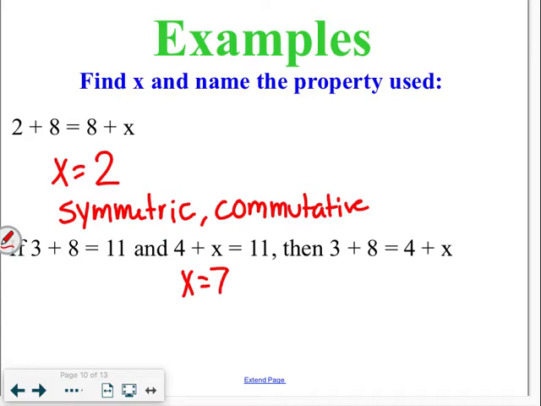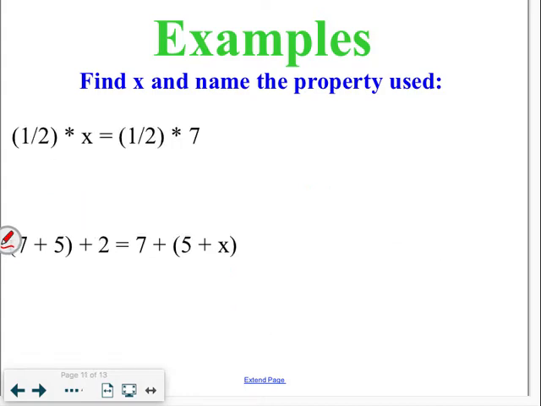And this if-then property that we are using to solve this one is the equality property that we call the transitive property. Take a minute, see if you can figure out what the x values are for these 2 problems and what property is used.